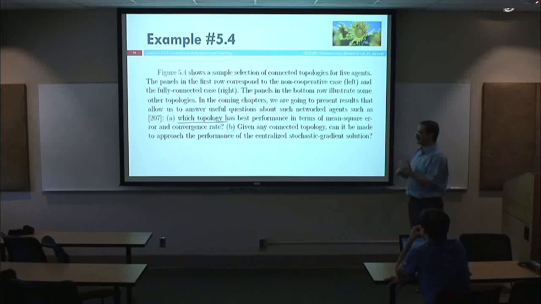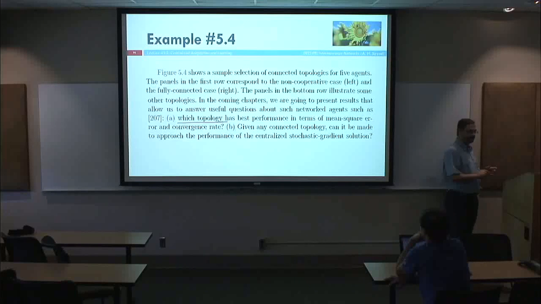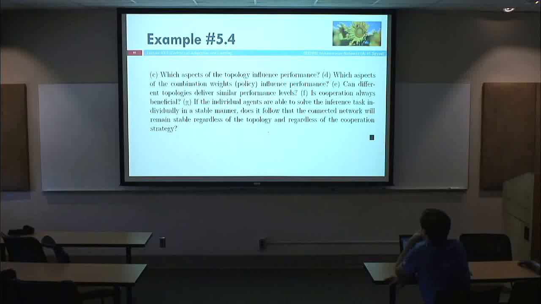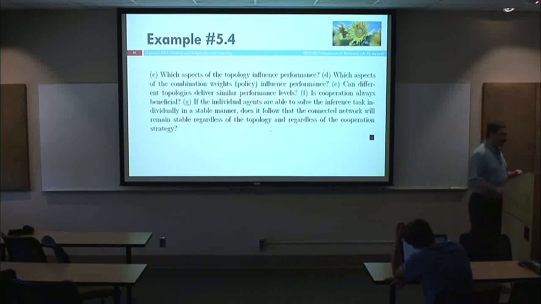How do I choose the combination weights to enable that? So this is my second question. Third question: which aspects of the topology influence performance? What's special about a topology that influences the performance? And which aspects of the combination weights influence performance?